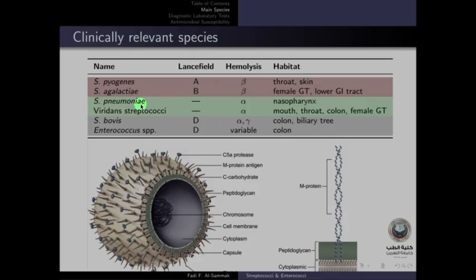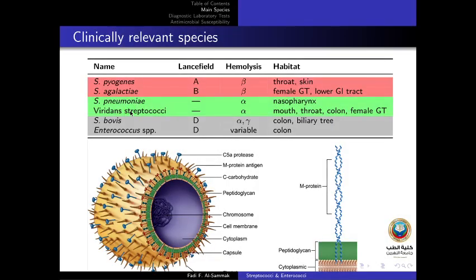And the important thing is to differentiate this species, the pneumococci, from another group of species, which is the viridans streptococci. So you can see that this is not a single species, but a group of them. And they are present in the mouth, throat, colon, and female genital tract. They are responsible for dental caries and for endocarditis.